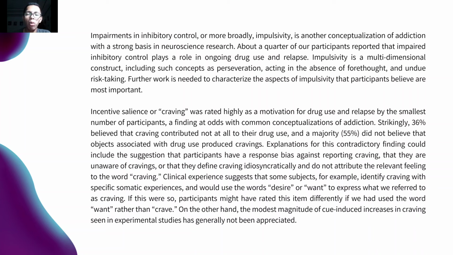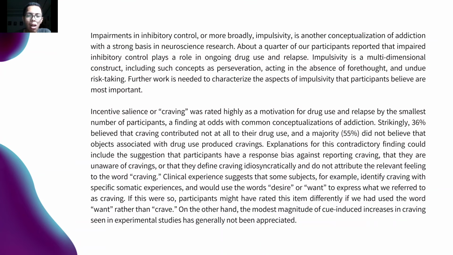Impulsivity is a multi-dimensional construct including such concepts as perseveration, acting in the absence of forethought, and undue risk-taking. Further work is needed to characterize the aspects of impulsivity that participants believe are most important.